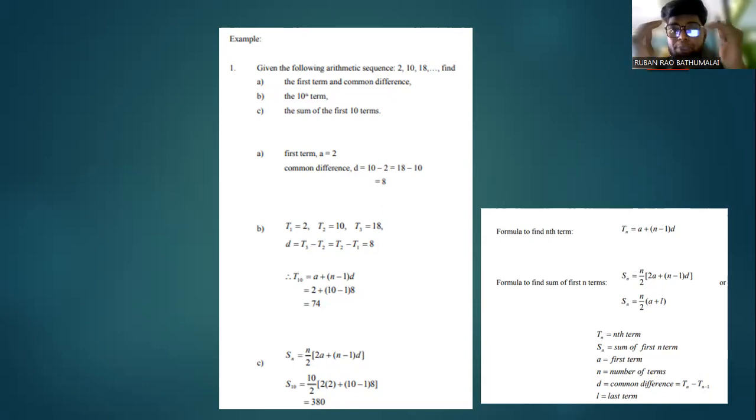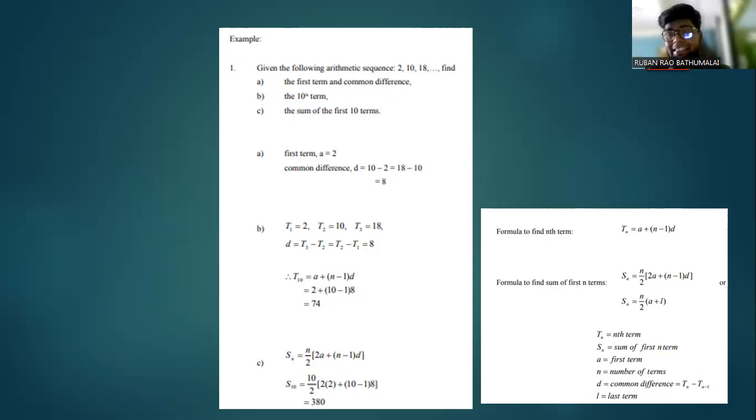Okay, go for B, the 10th term. First of all, we have to know what the values stand for: 2, 10, 18 are term 1, term 2, term 3, and also D. When you want to find D, the formula is T3 minus T2 equals T2 minus T1, which equals 8.